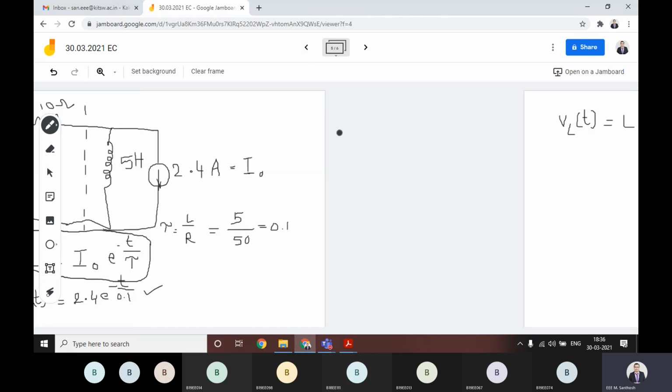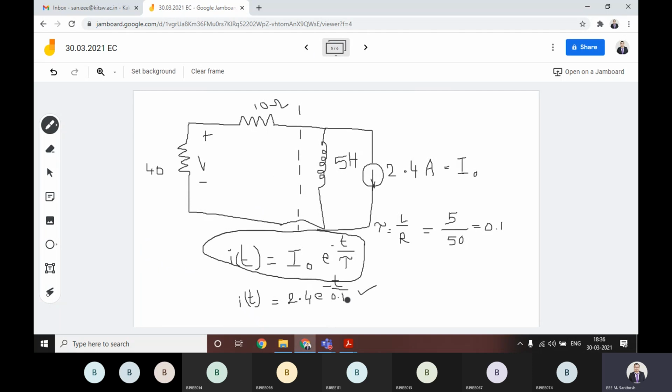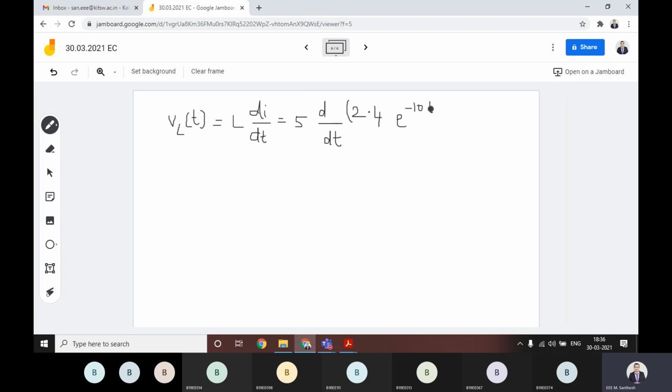Because this 0.1, if it goes to numerator, then you can write this as t by 1 by 10. This 10 will go to numerator. For that reason you will get this kind of expression. Okay, then can anyone tell us in time domain what is the value of this one?